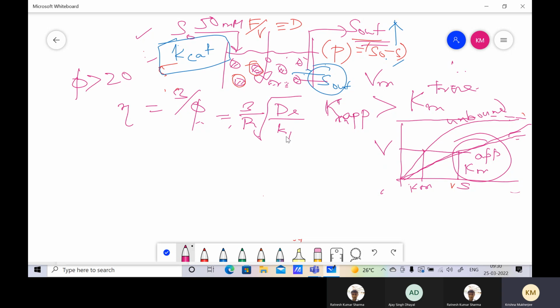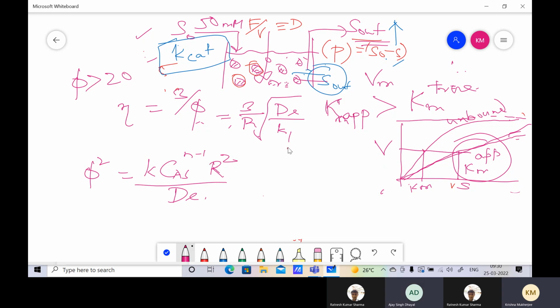When K1 was the first order reaction constant. Okay? Do you remember this derivation? Yes, sir. Yes, sir. Yes, because I had told you the definition of phi square. Phi square was, for first order reaction, for any order, K CAS to the n minus 1 R square upon D.